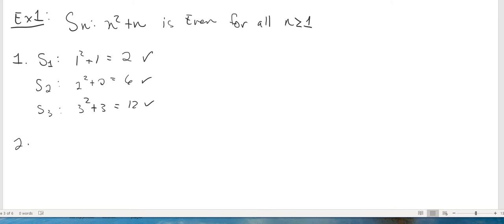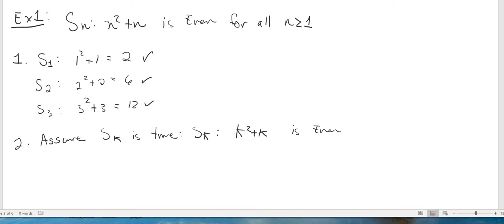So when you hear this fancy assume Sk is true, in this step what you're going to do is switch from n to k. So what does it look like? Switching the k's, you have k squared plus k is even.